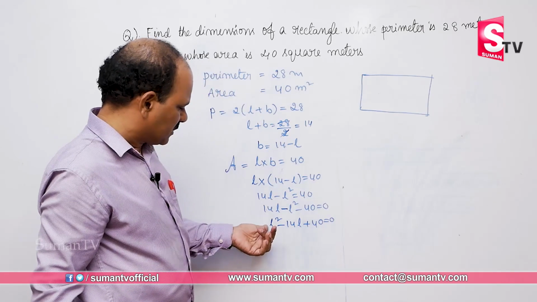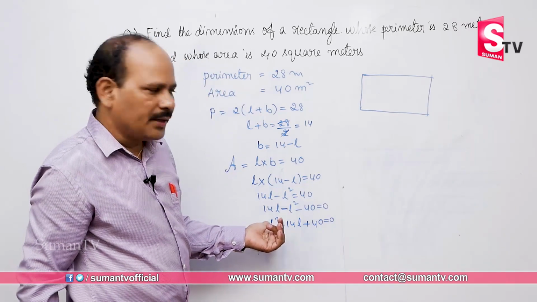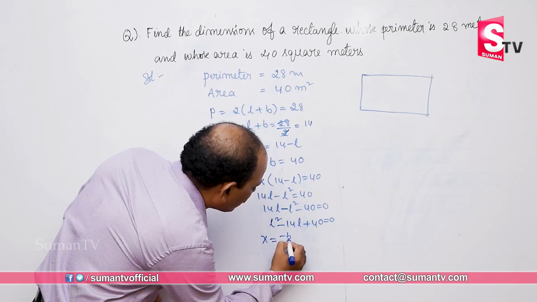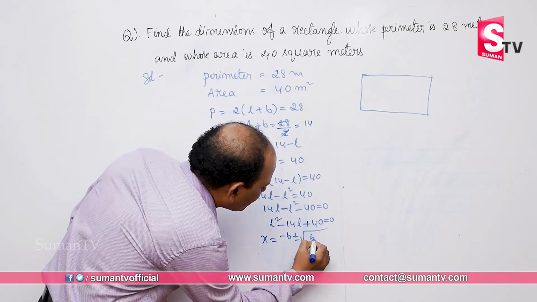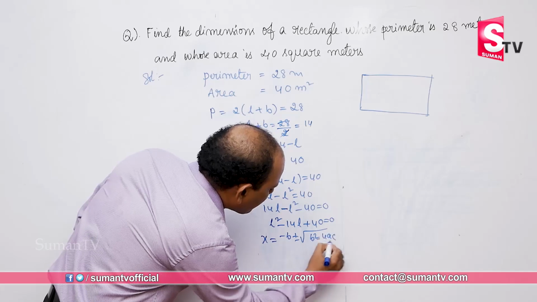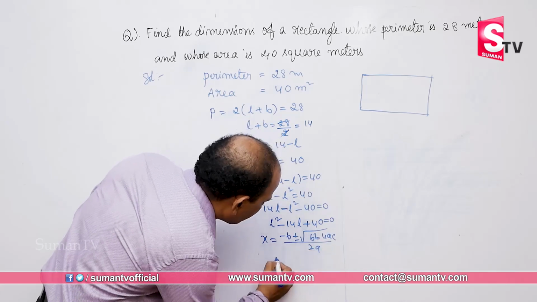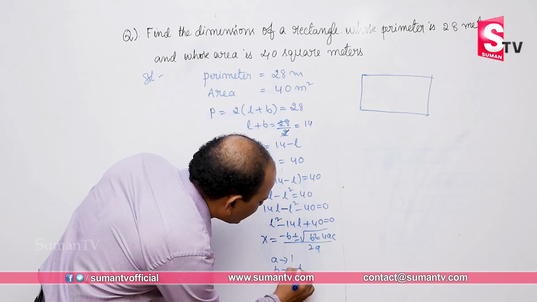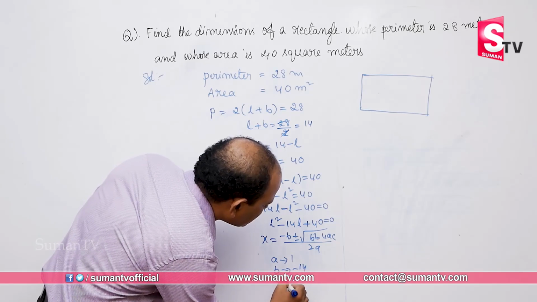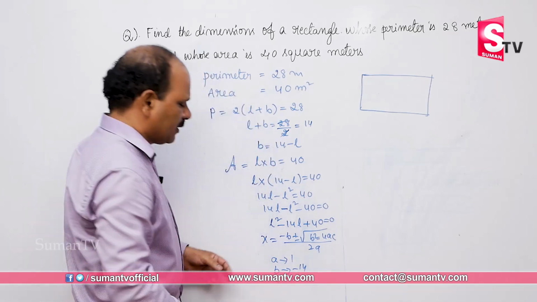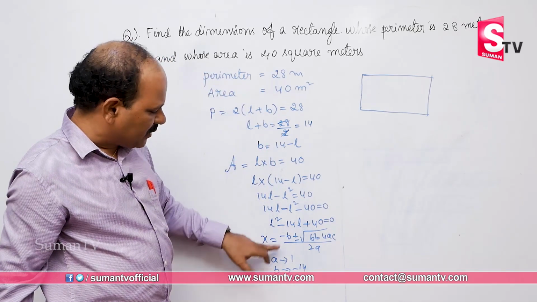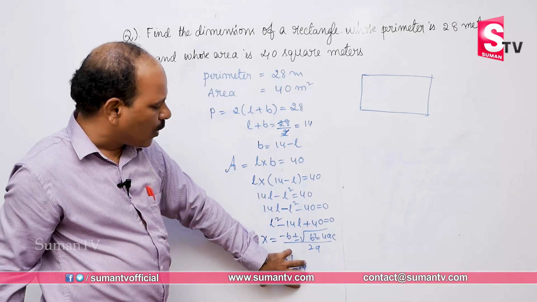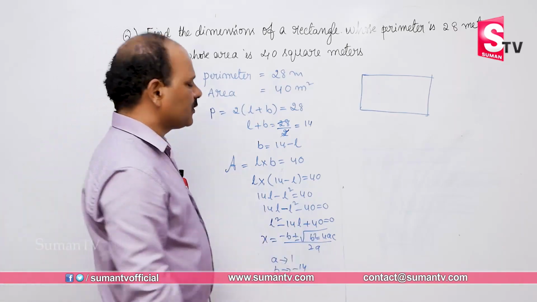Now this is in the form of a quadratic equation. So again, let us write the quadratic equation formula. Here A is 1, B is minus 14, C is 40. These three values I am now substituting in the quadratic equation formula.